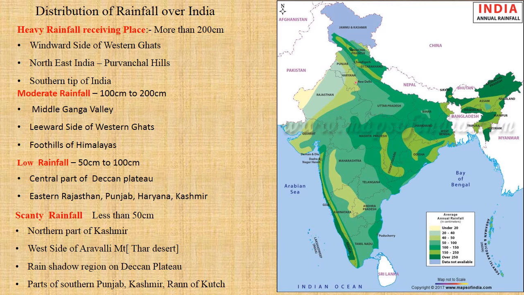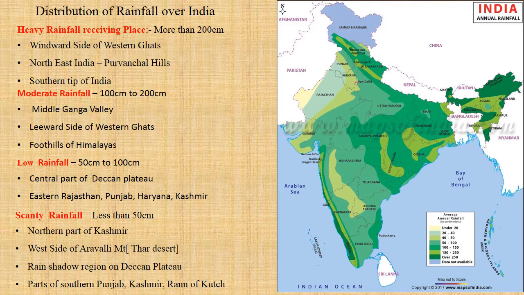Now let us pay attention to the next example. Low rainfall. Let us look at the key first: 50 to 100 centimeters of rainfall. We have very few places with heavy rainfall, and more places with moderate and low rainfall. So low rainfall is found again in Maharashtra, Karnataka, Andhra, and parts of Telangana.